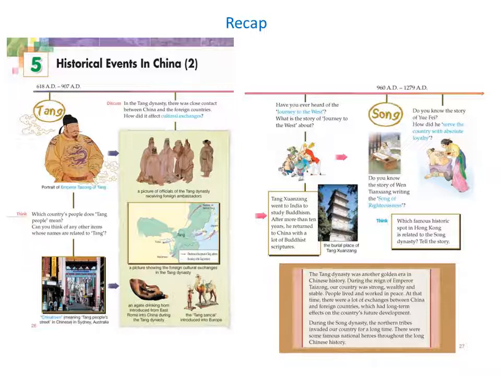So it was a very popular and very significant step during the reign of Emperor Taizong, where such cultural exchanges were promoted.